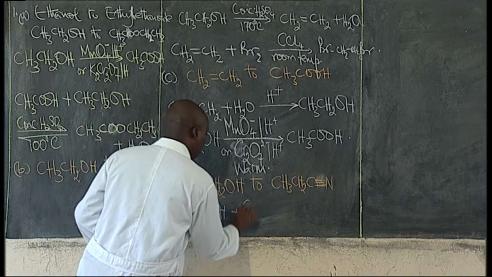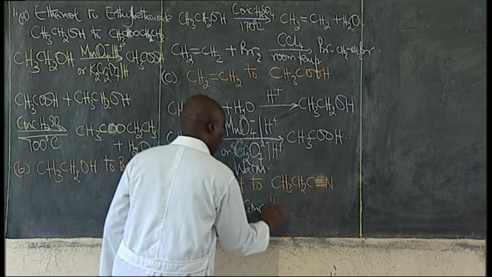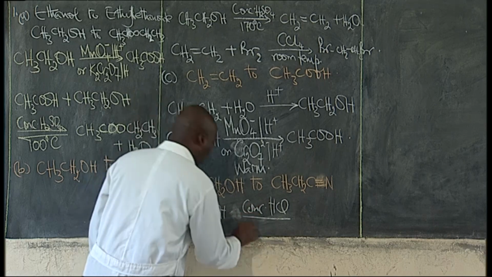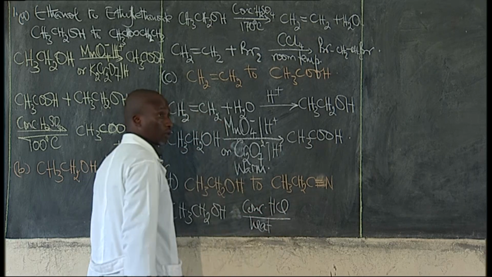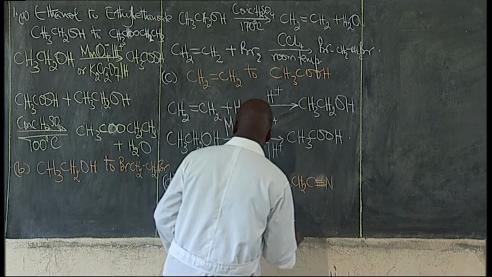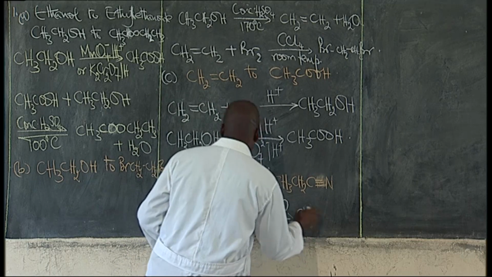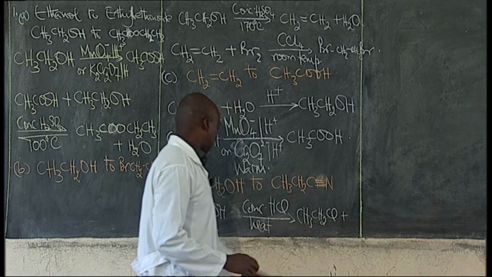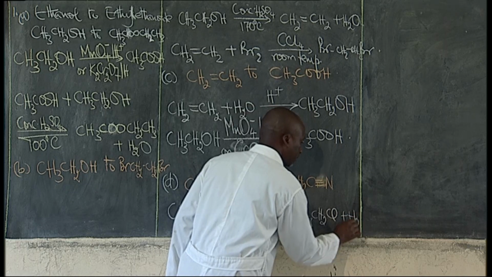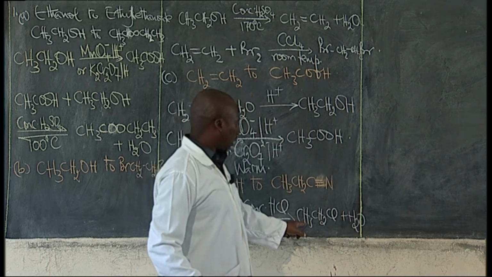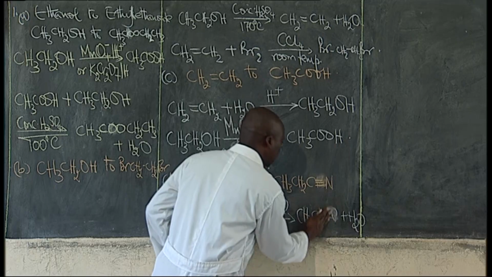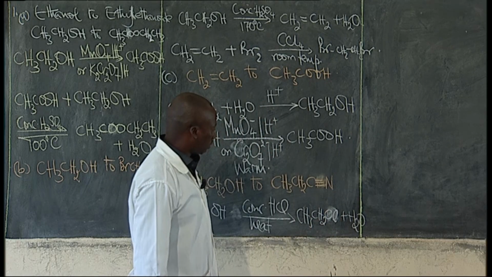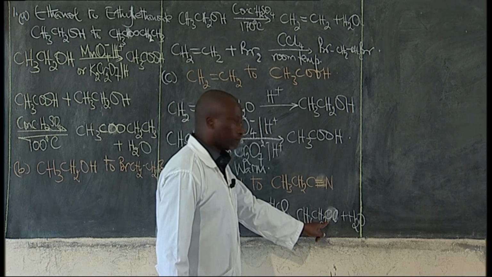When we add concentrated hydrochloric acid in presence of heat, this one will produce CH3CH2Cl, an alkyl halide, and water. So getting an alkyl halide, what do we do with the alkyl halide? This is C with small l, that is chlorine, alkyl halide.